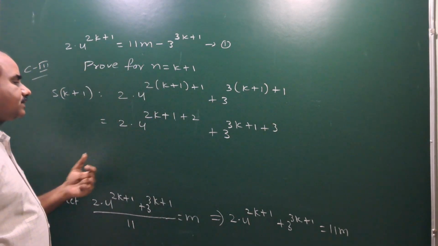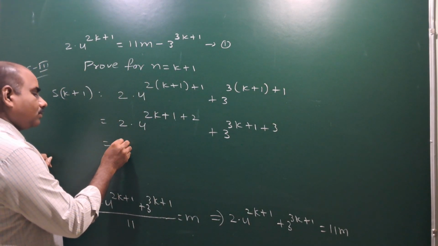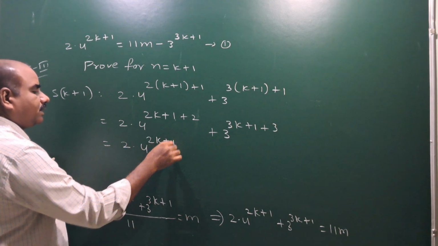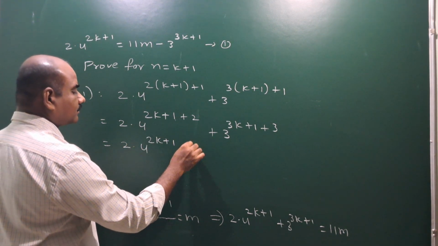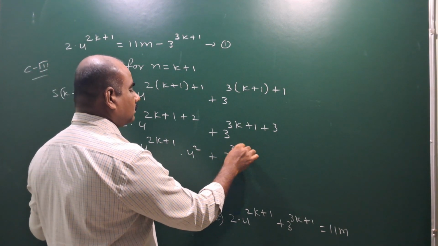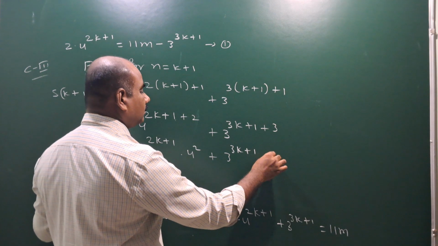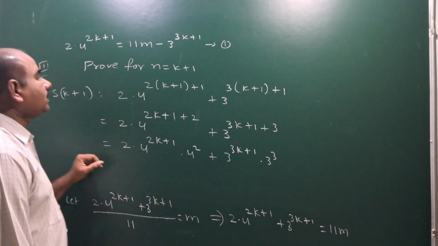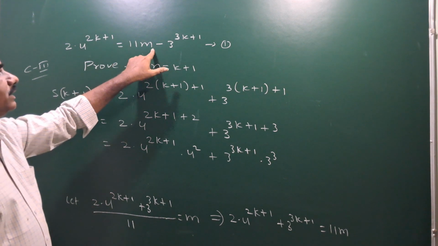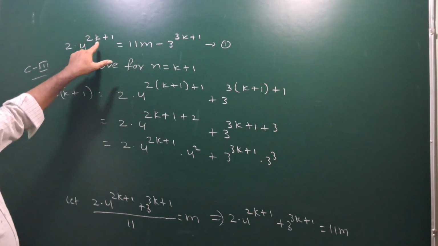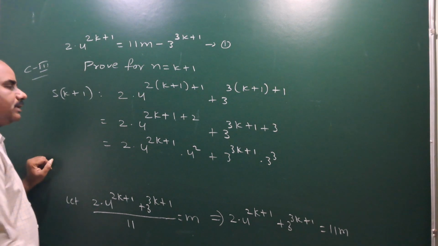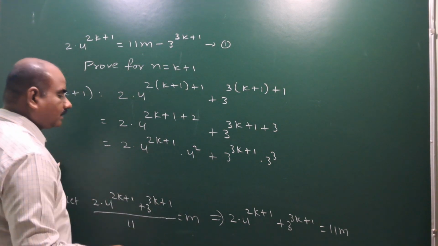We have to split this into two terms like this: 2 × 4^(2k+1) × 4 squared plus 3^(3k+1) × 3 cubed, because we have the terms like this. We have 2 × 4^(2k+1) equal to 11m − 3^(3k+1), and the term 3^(3k+1). So that's why we split into two terms like this.